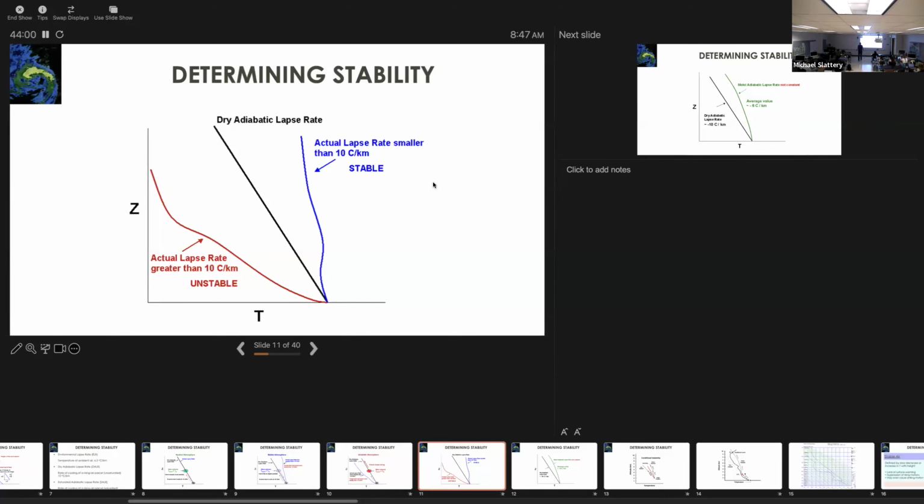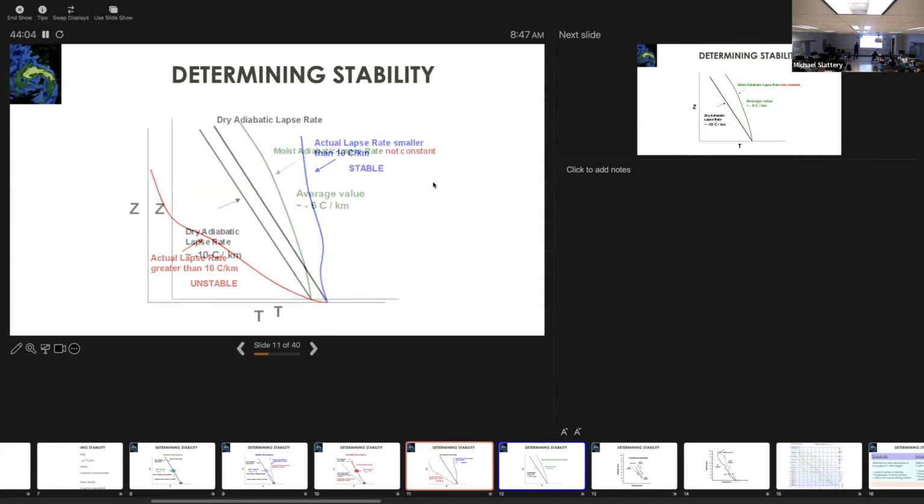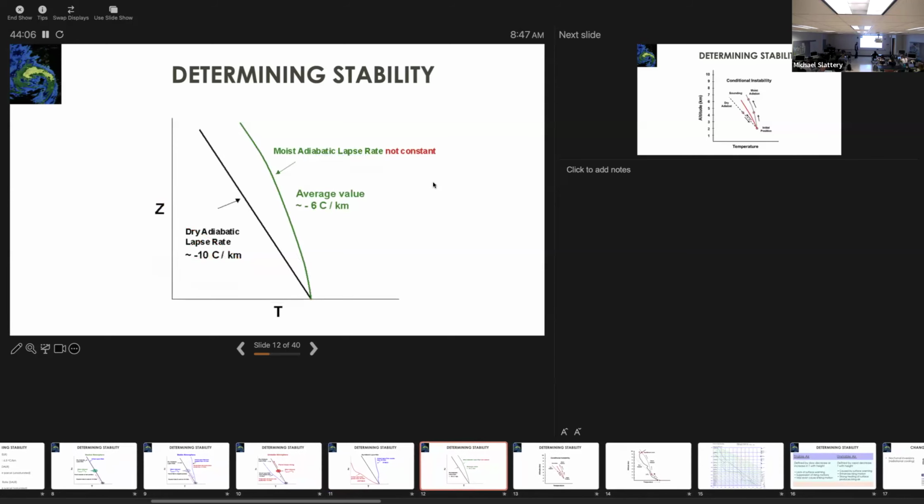Everybody good there? So all you're doing is comparing temperatures in parcels to temperatures of the ambient air. Well, yuck. Now we've got to bring in the moist or saturated adiabatic lapse rate. The saturated adiabatic lapse rate is a lapse rate that changes. It's not 1 degree per 100 meters. It's variable because of the amount of moisture in the atmosphere, and as that moisture is condensing into real cloud, it's releasing latent heat.